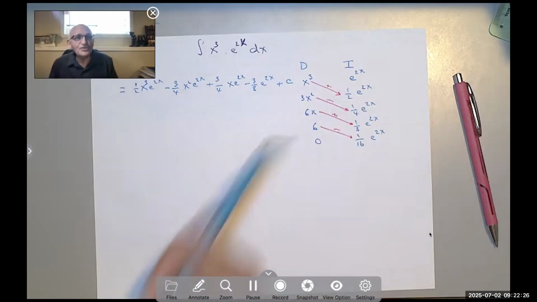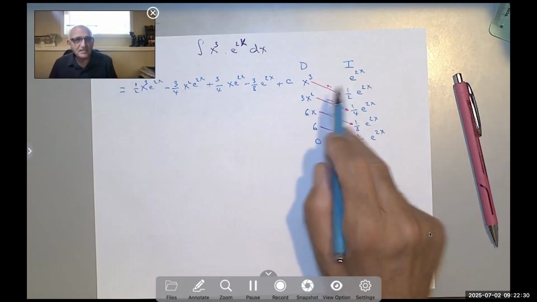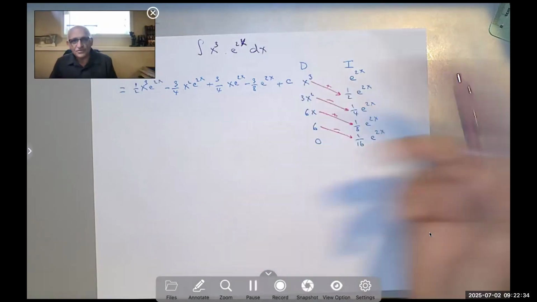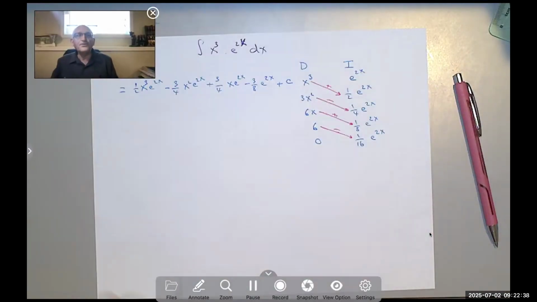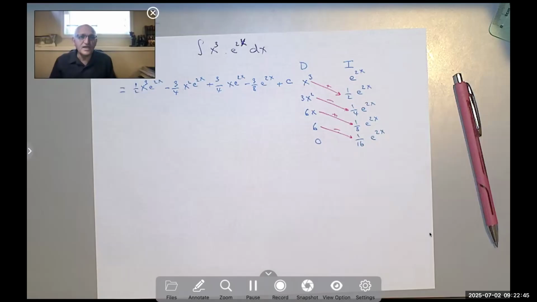But try to do that using the traditional way. U dv, so you do uv minus the integral of v du. And then the integral of v du is still a product. So you'll have to do it again. And you can see here we had to do that like 4 times. How long would that take?